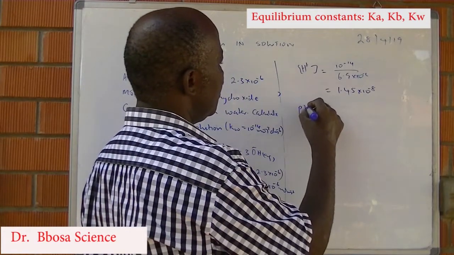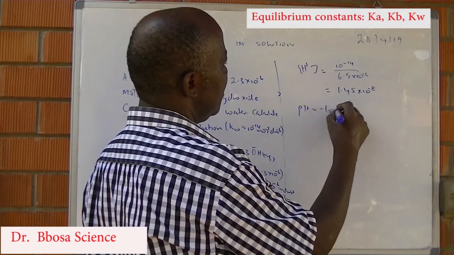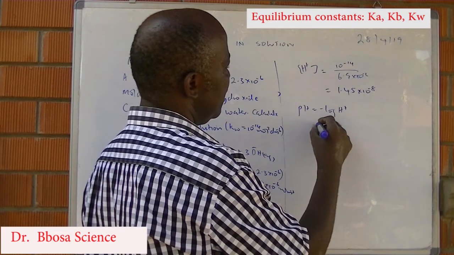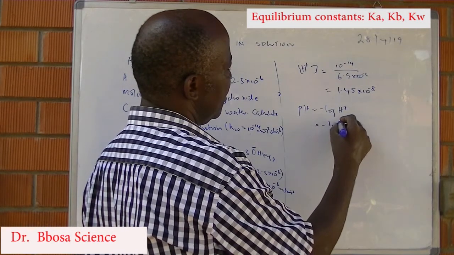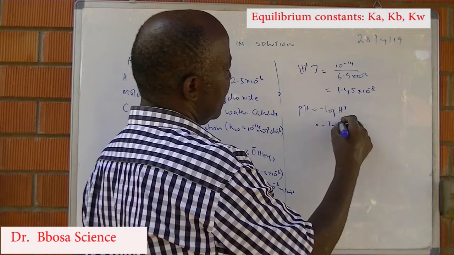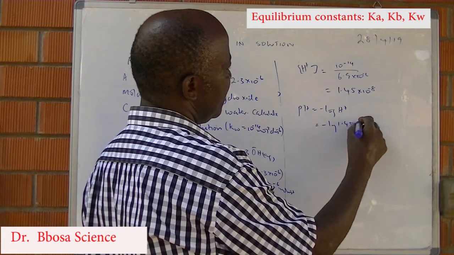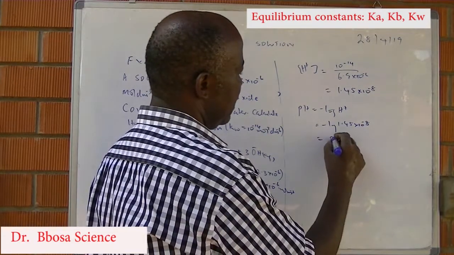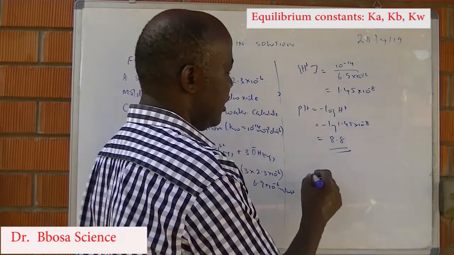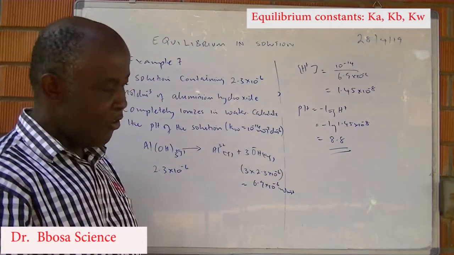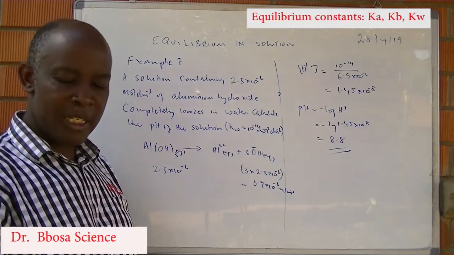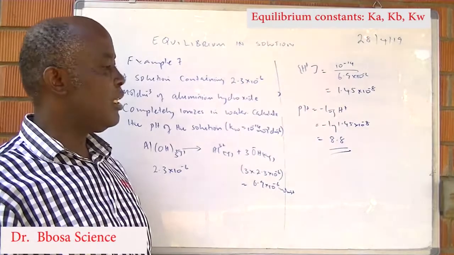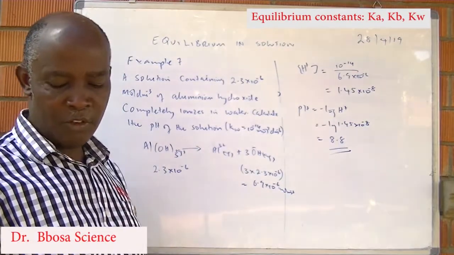Then pH is equal to negative log of 1.45 times 10 to the power negative 8, which is equal to 8.8. We say that whenever we get the pH of a base, it must be greater than 7.